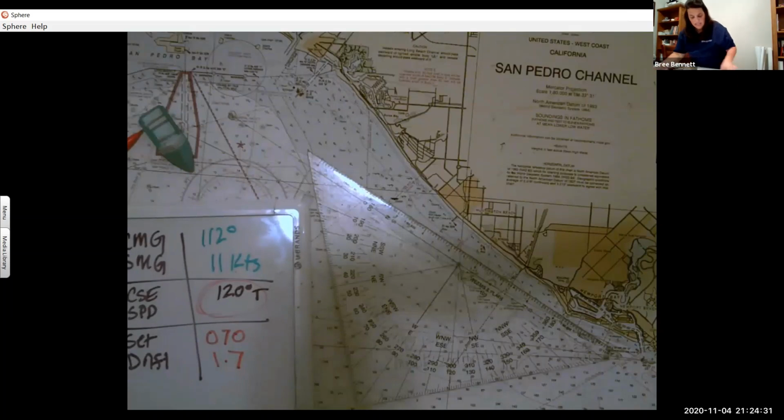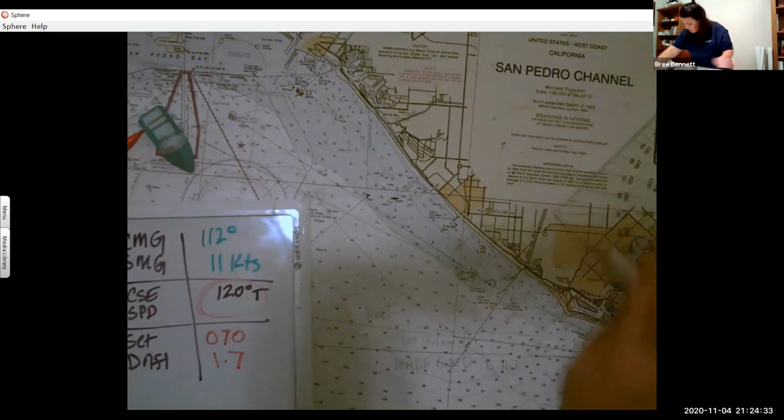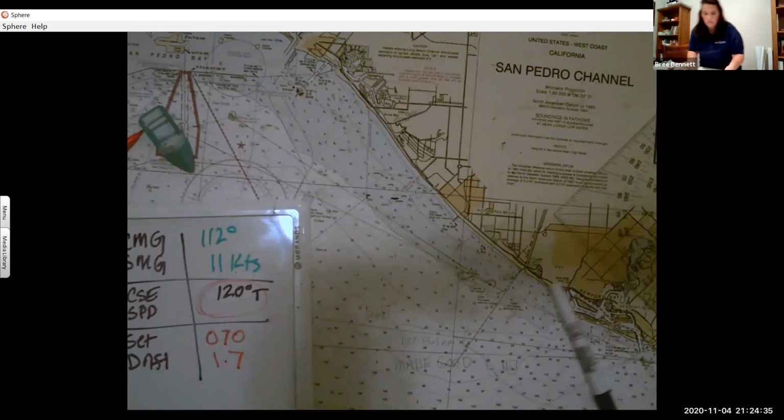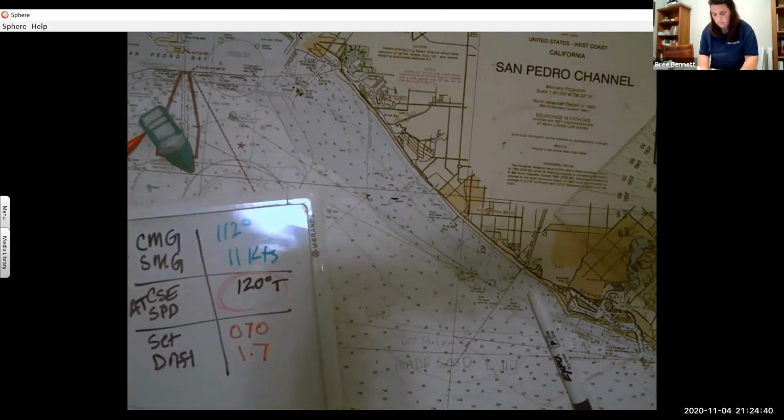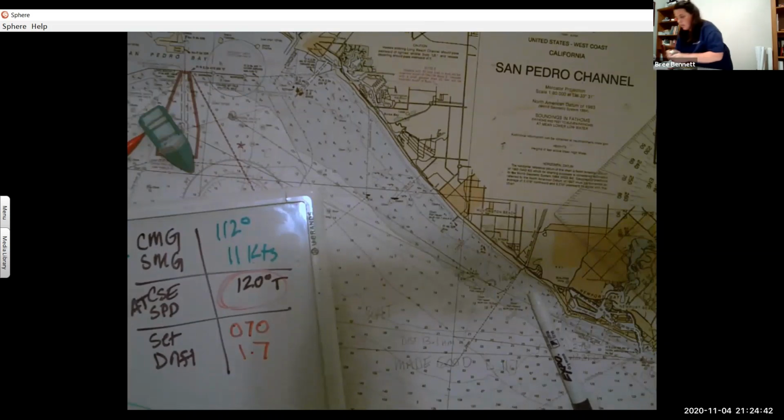And then I want to get my speed, and I've made this on the hour, so my distance will equal my speed. Starting at 5 nautical miles.